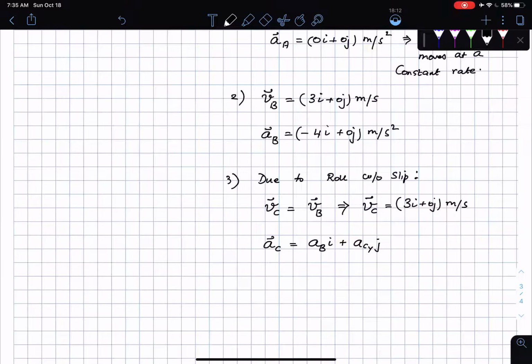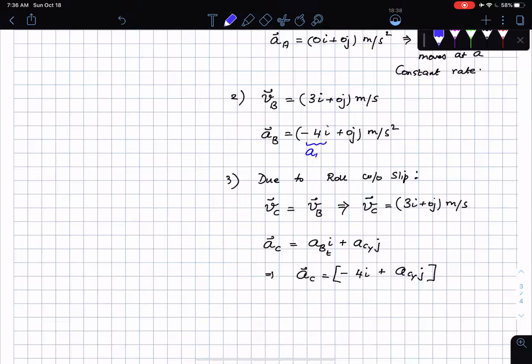So this is in the tangential direction. This was the situation. So this is now going to be the following, which tells me that acceleration of C is minus 4I plus ACY J. But if you want, you can write this as acceleration of B in the tangential direction, and this is the acceleration of B. Let me mark it in a different color.